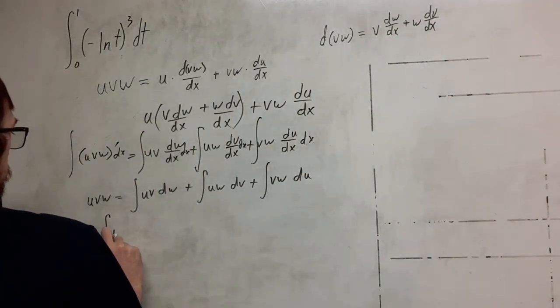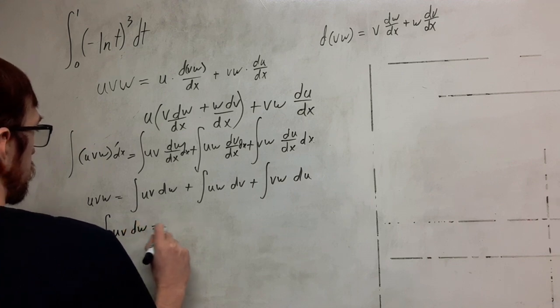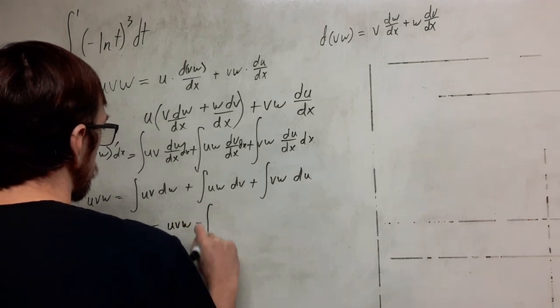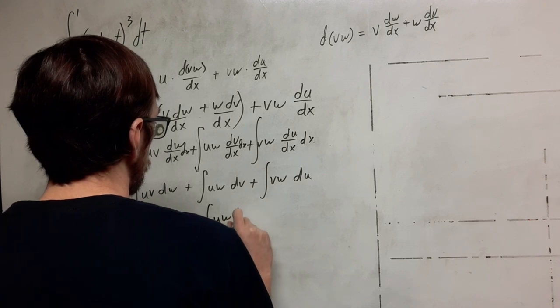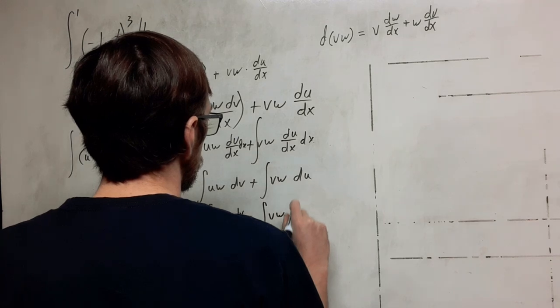So we have the integral of uv dw is equal to uvw minus the integral of uw dv minus the integral of vw du.